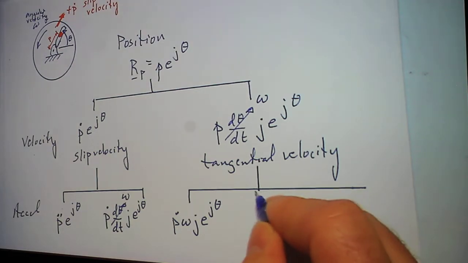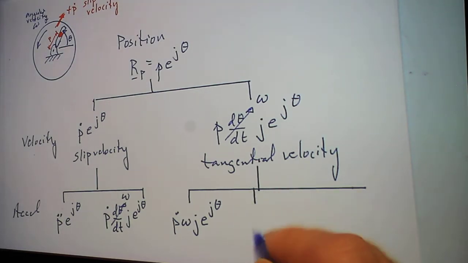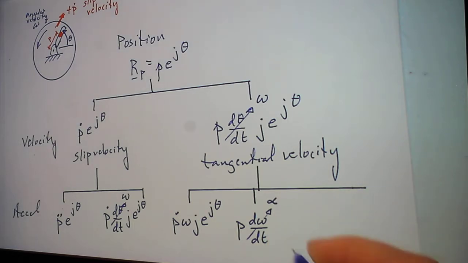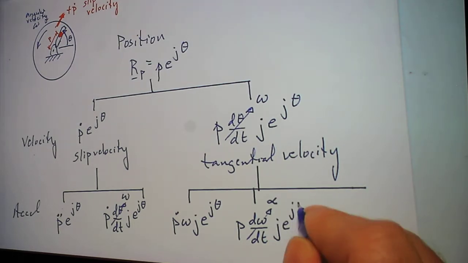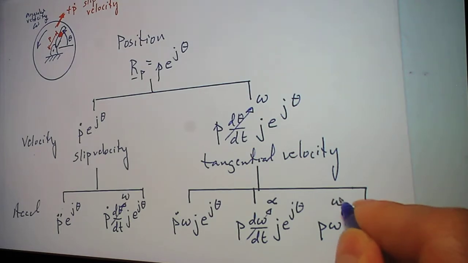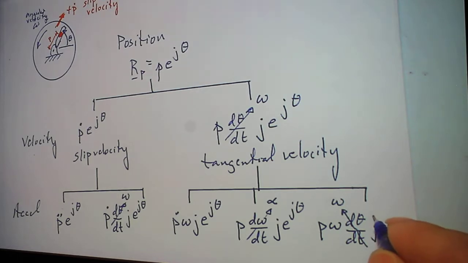And the next one is P, the derivative of omega with respect to time, which we recognize as alpha, j e to the j theta. And then the third one, if we take this, is P omega d theta dt, which we recognize as omega, j squared e to the j theta. All right?